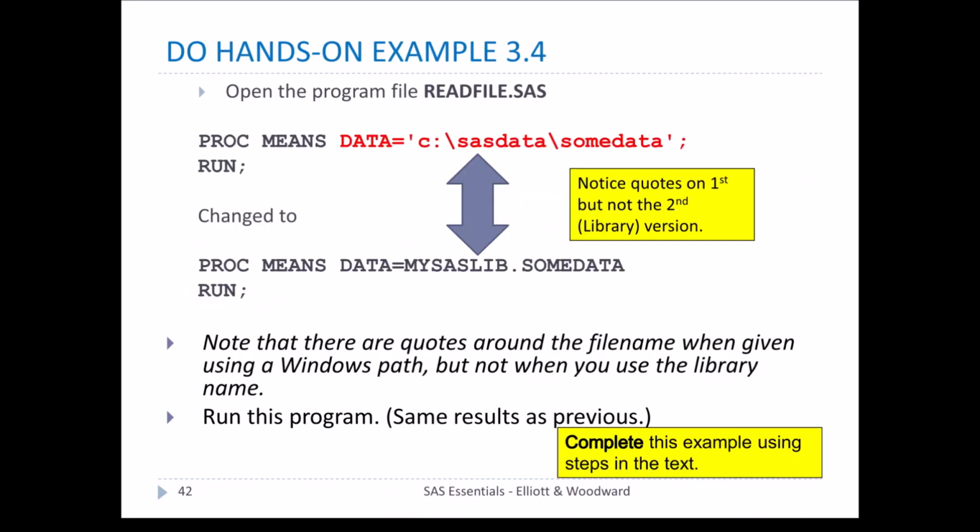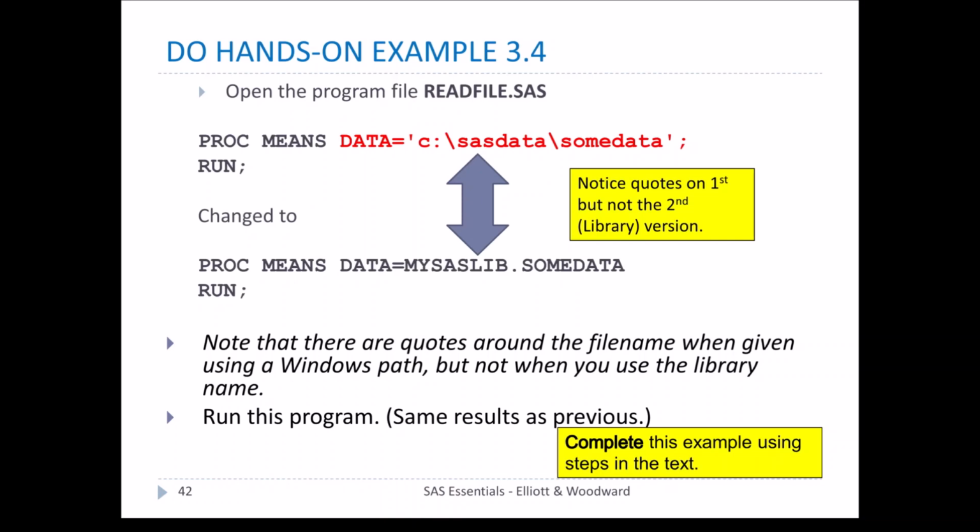Now let's open up the program called readfile.sas. This is example 3.4. It says proc means data equal, and notice here the data location in Windows is in quotes. The point of this exercise is to help you realize that the two ways that you use to specify data are a little different.